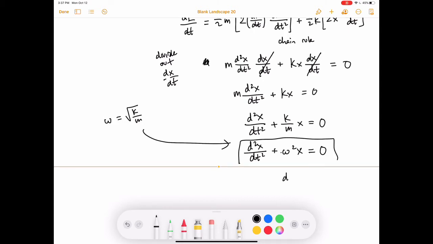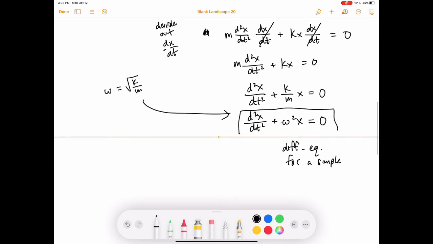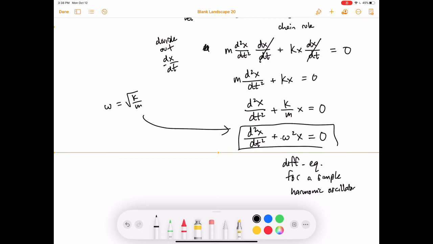So this is the differential equation for a simple harmonic oscillator that we found in the previous video. So we can also get this equation using energy methods. Okay, that was the point of doing this.